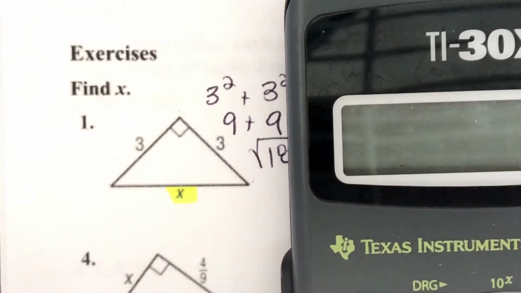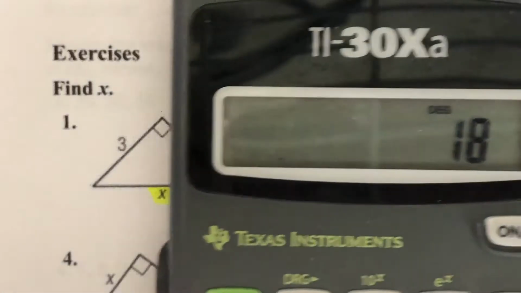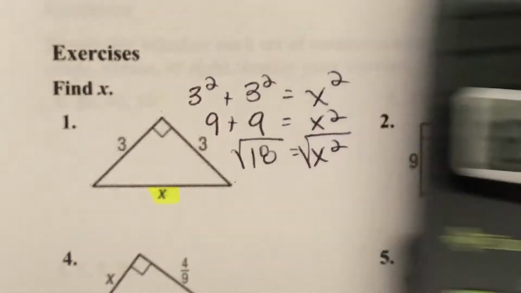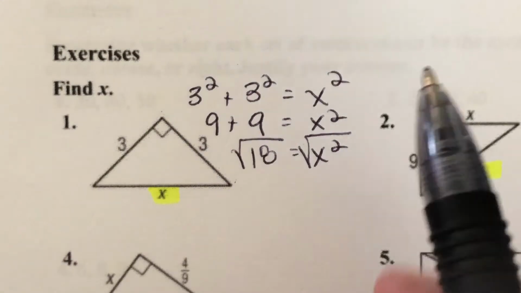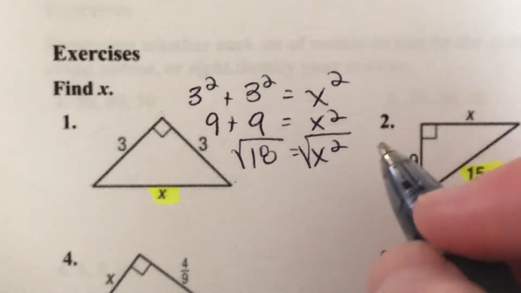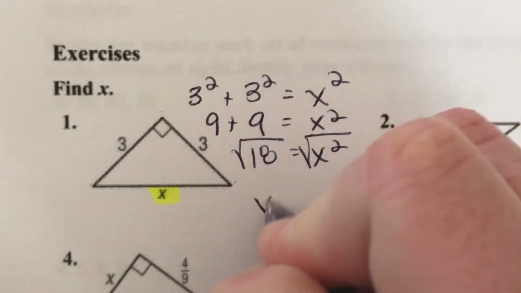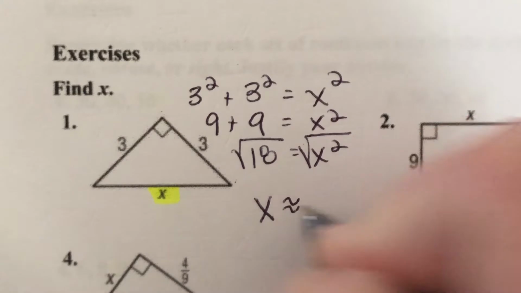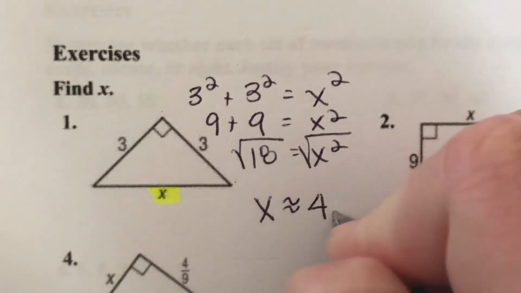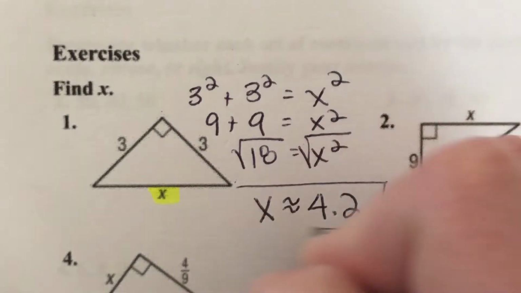When we take the square root of 18, it's about, let's say, 4.24. Does it say what to round? No, so you could leave it here. Let's just round it to the nearest tenth, 4.2. So x equals about, that little wiggly equal sign means estimated, 4.2 units.